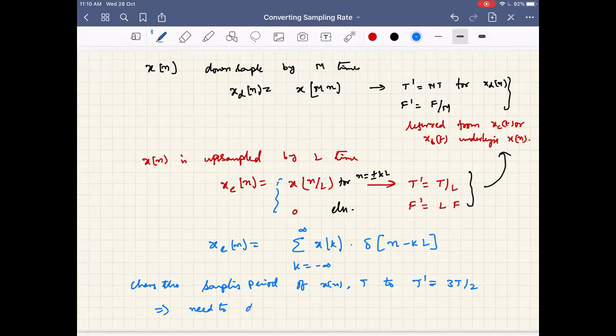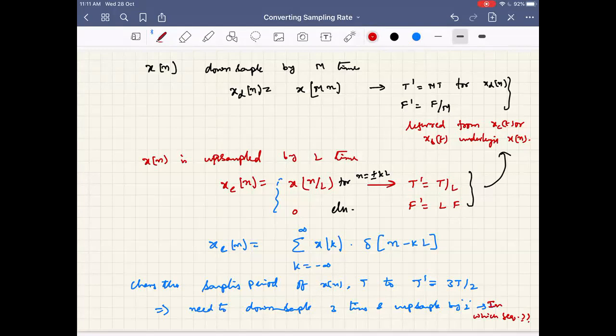So I need to downsample by 3 times and upsample by 2 times. In which sequence, we will see later. Whether upsampling or downsampling has to be done first, or any measures we need to take care of, we should see first.